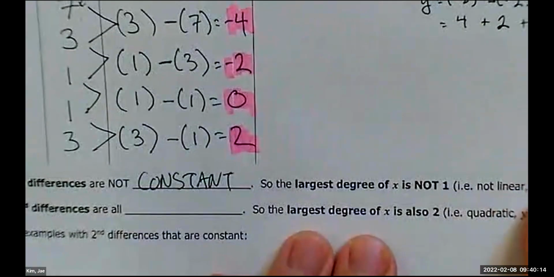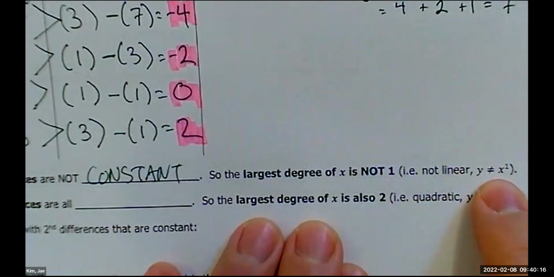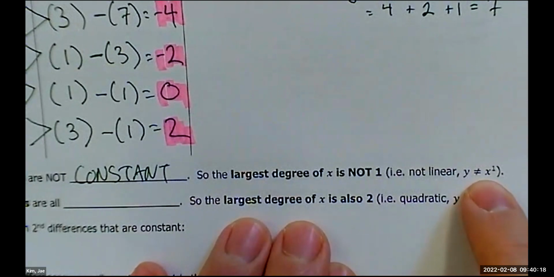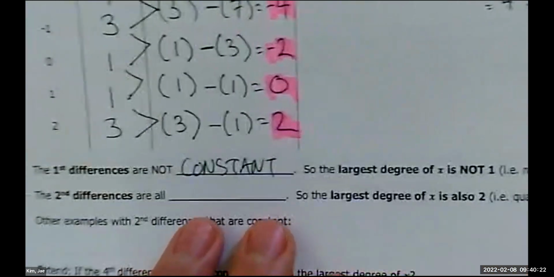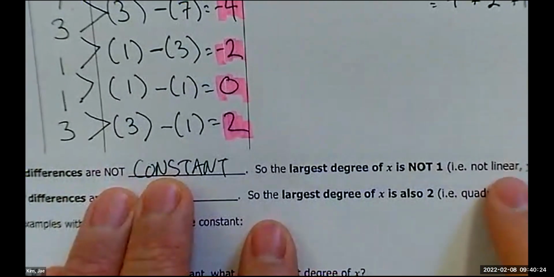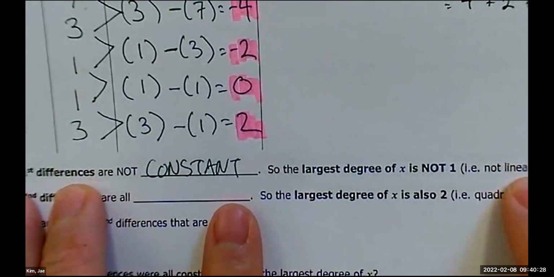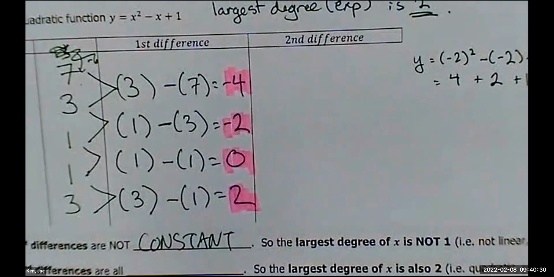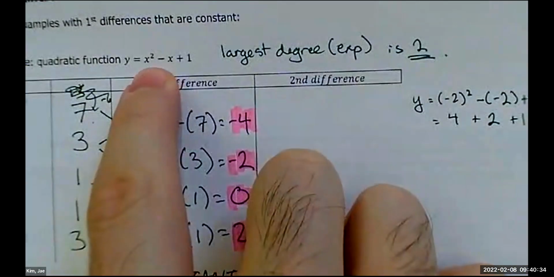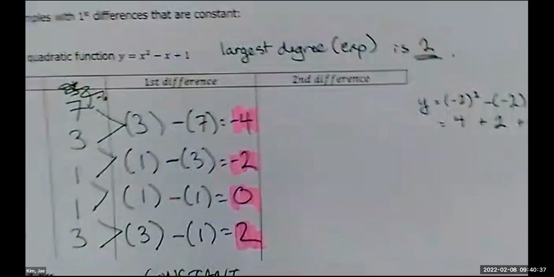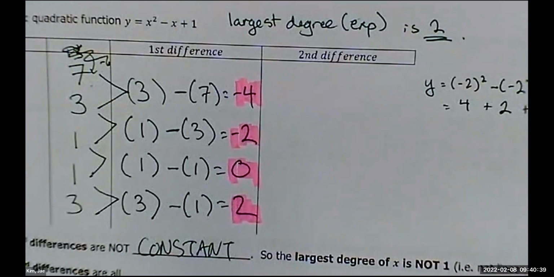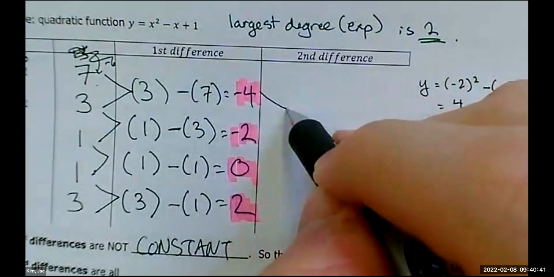What does that tell me about the degree? Is it going to be x to the power of 1? There's no link. Not constant, not 1. First difference not constant, not 1. So we're going to try again. Remember, our hunch is that because the largest degree is 2, the second difference should be the same.